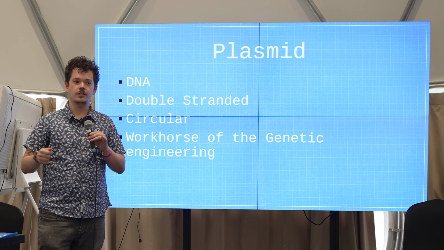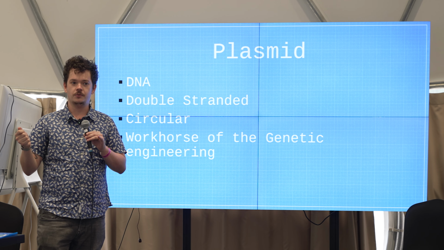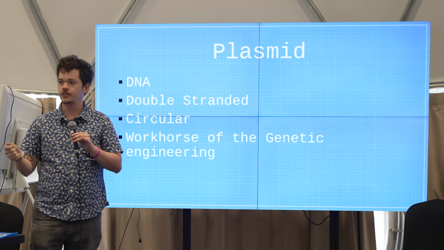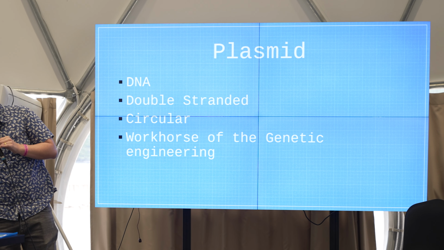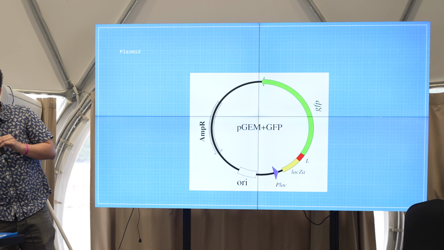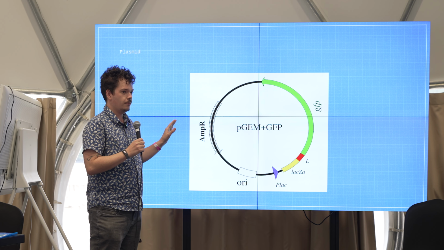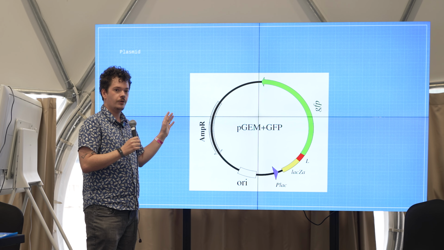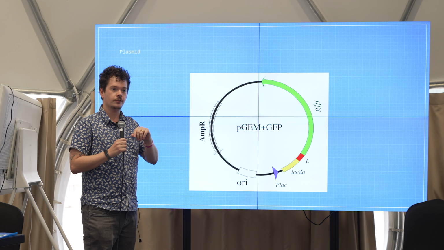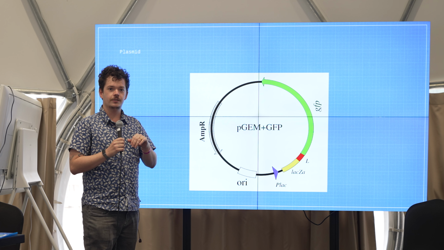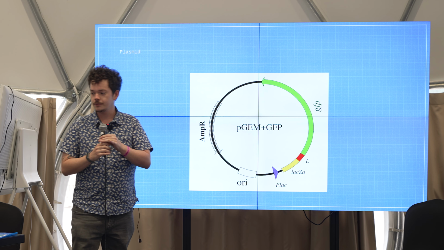So this is essentially the wooden handle of gene therapies. Everything at some point uses a plasmid when making the constructs for its various needs. This is just an example of a plasmid, and we're going to go through each of these parts and what they mean, so later down the line, when you are constructing your own constructs, you can easily recognize the little bits and what they do.